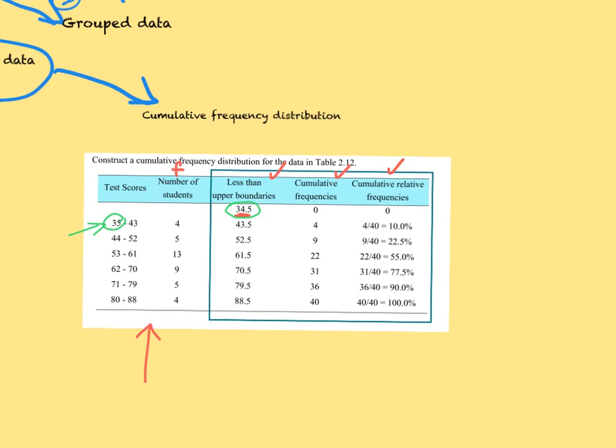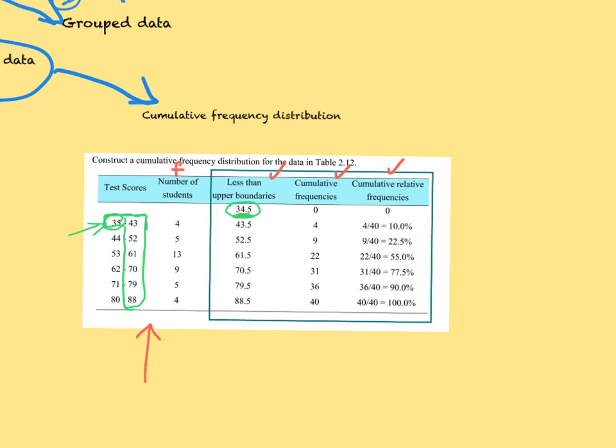Starting from here, these are the classes. After you calculate the class boundaries, the value that you need to take is from this highlighted green here. So the first class boundary is 34.5. How are you going to calculate the cumulative frequency?